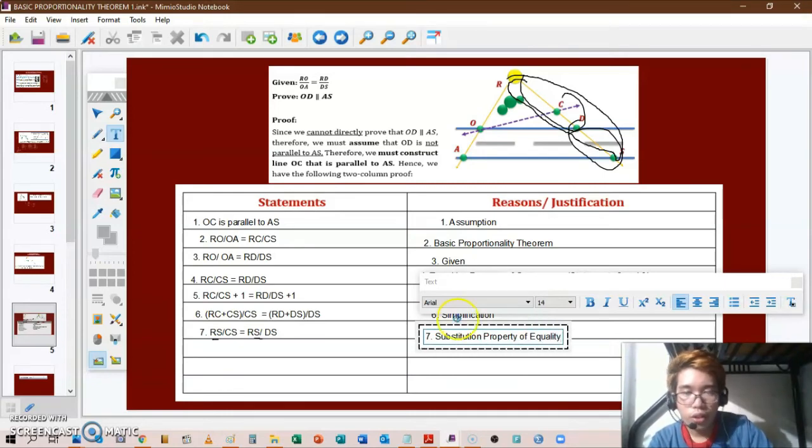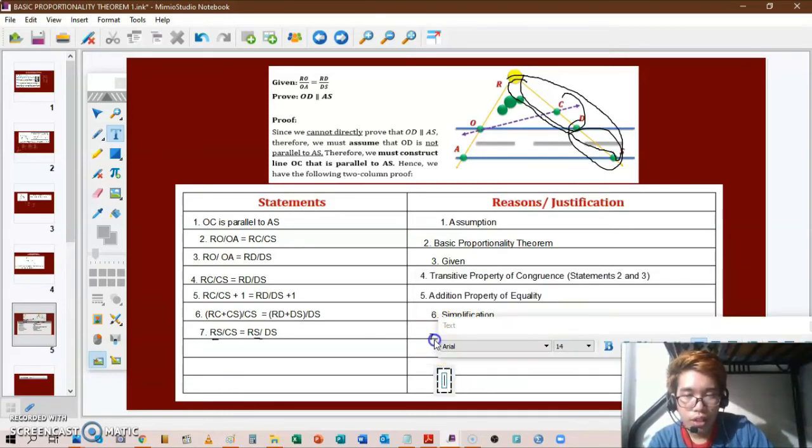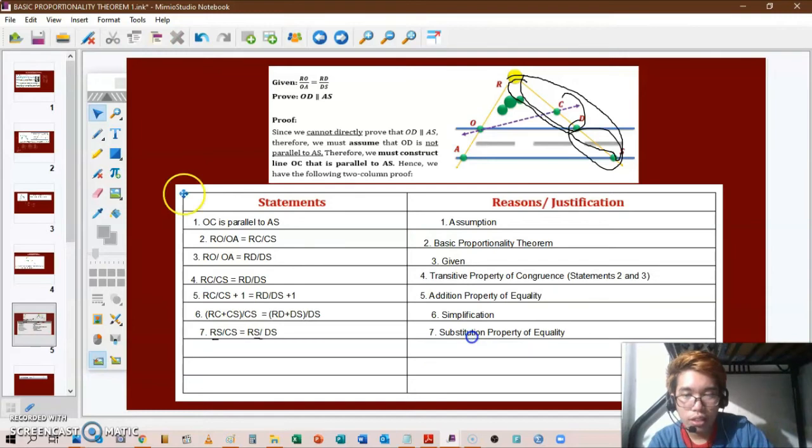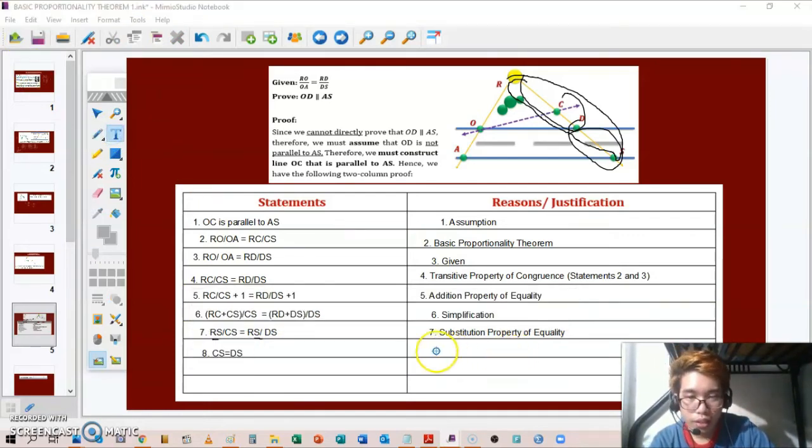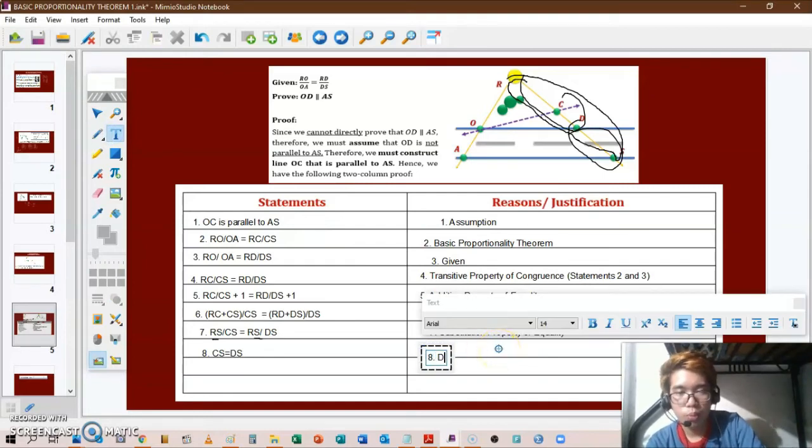And for our 8th statement, it can be written that CS is equal to DS using the division property of equality, or the multiplicative inverse.